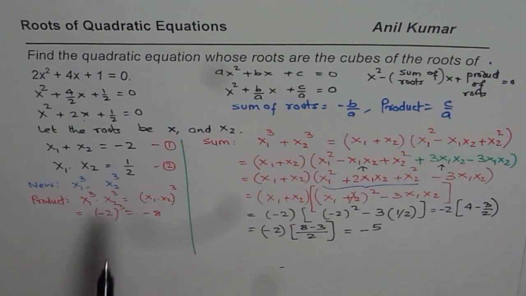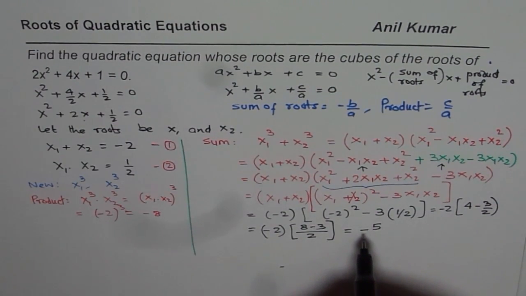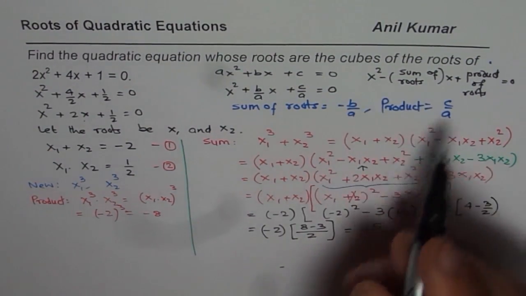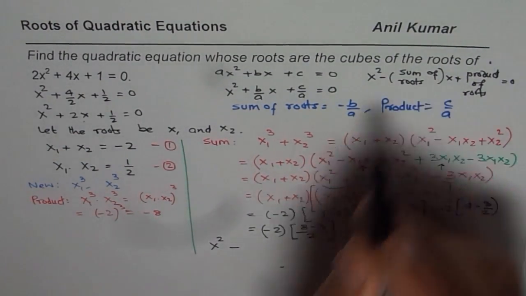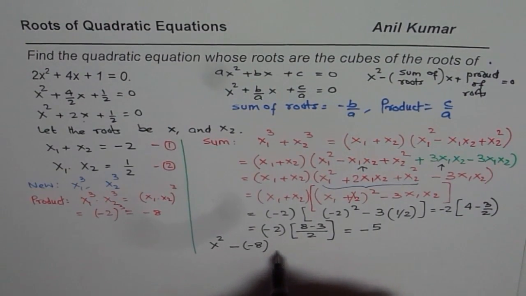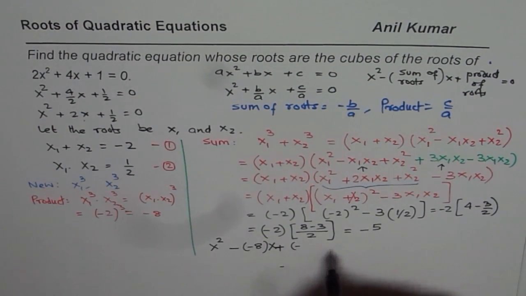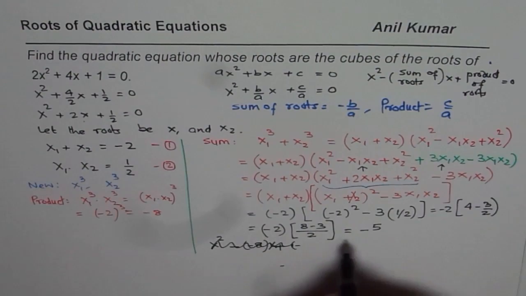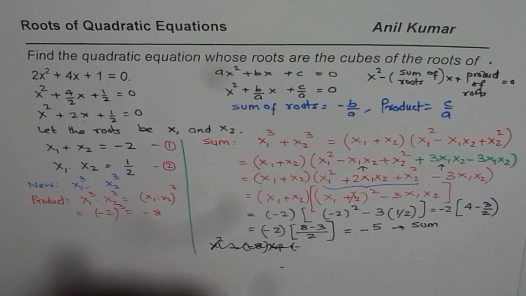Now we know both sum and product, so we can write down the equation. The equation now for us will be in this form: x square minus sum of roots times x plus product of roots. This is sum and this is product, right?